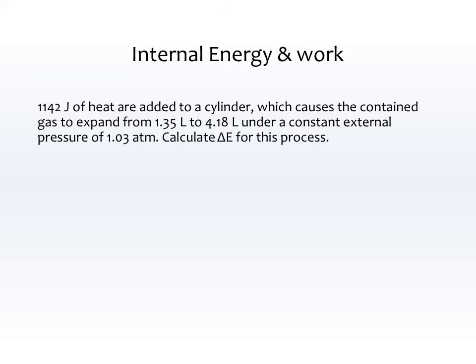1142 joules of heat are added to a cylinder, which causes the contained gas to expand from 1.35 liters to 4.18 liters under a constant external pressure of 1.03 atmospheres. Calculate the delta E. So the gas is expanding. It's giving energy to its surroundings from the system, so the work should be negative.